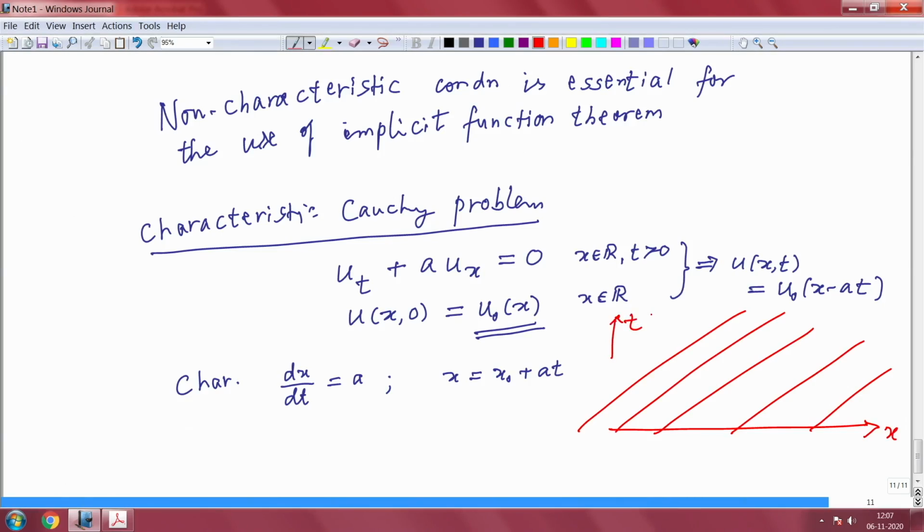Okay. Now, suppose we give the initial condition on one of these characteristics, and that is called the characteristic Cauchy problem.